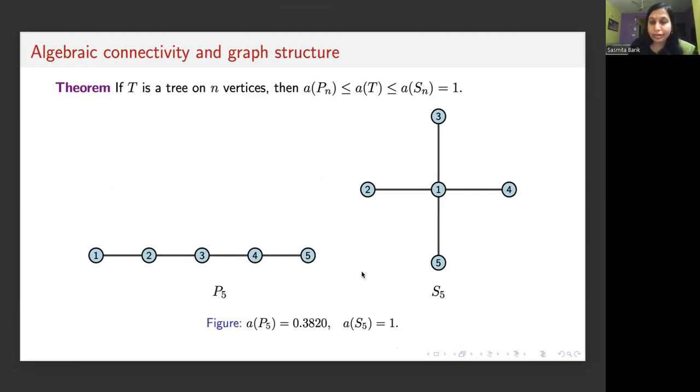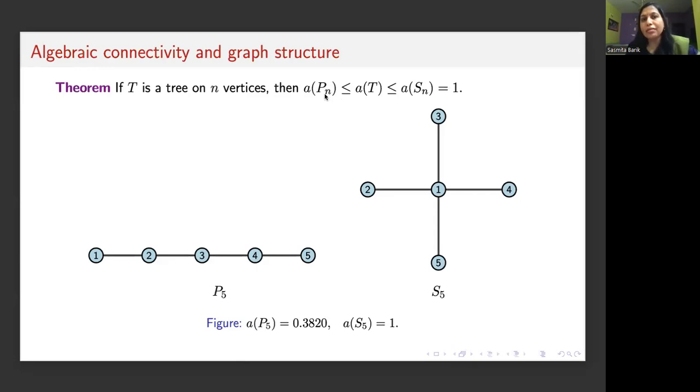Now, for the tree case, as I told, algebraic connectivity is much more related to how the graph structure is, meaning how much connected it is. If you observe here, for the star case we already know the spectrum, and there the algebraic connectivity is 1, and it can be proved that the algebraic connectivity for the path is the smallest one.